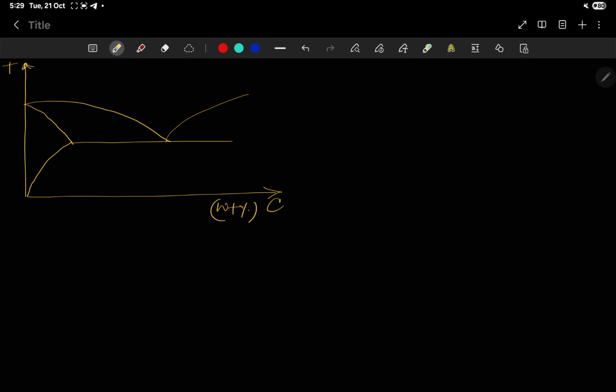Okay, so this temperature was 725, this temperature is 910.